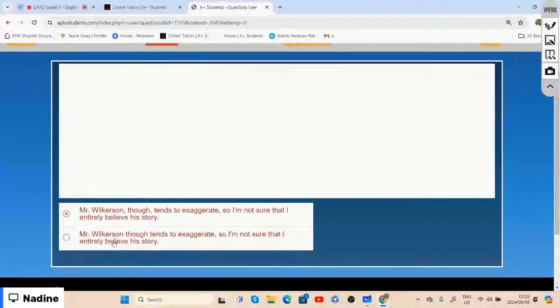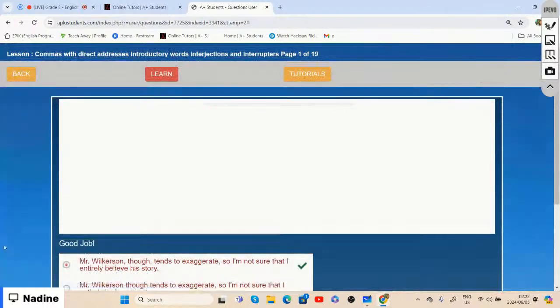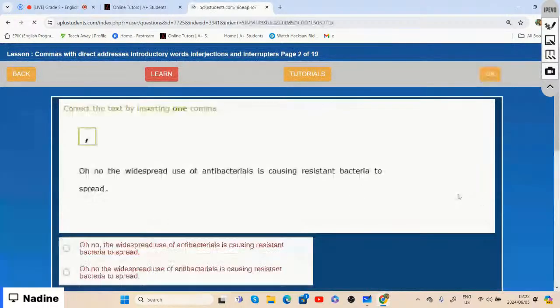So we need to choose the correct placement of the commas. And remember, we usually separate the name of a person that we are talking about or talking to with a comma. All right.